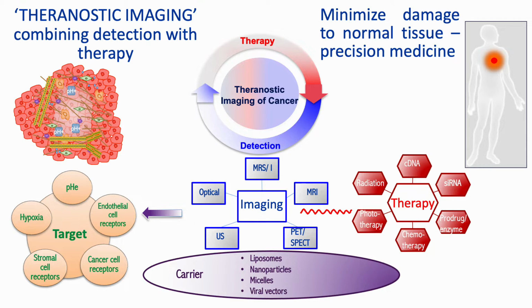So in theranostic imaging, typically some therapeutic cargo, such as molecular agents like cDNA or small interfering RNA, or a prodrug enzyme, or a chemotherapy agent, or a photosensitizer, or a radiosensitizer, is loaded or conjugated to a carrier.